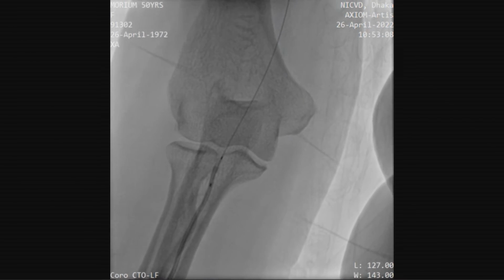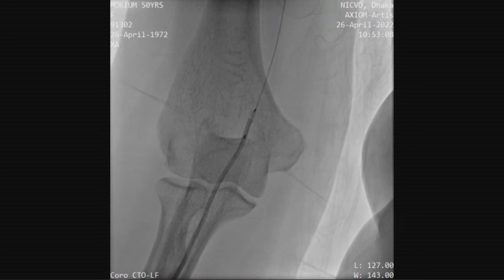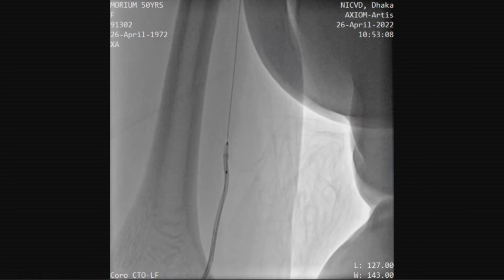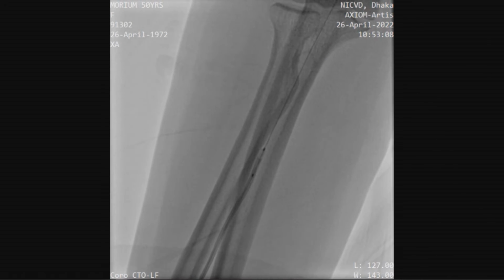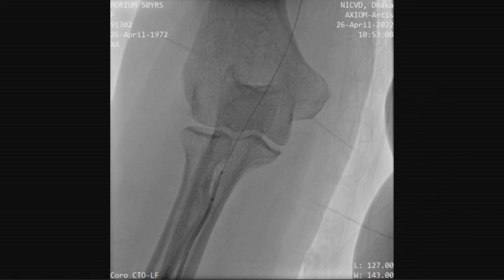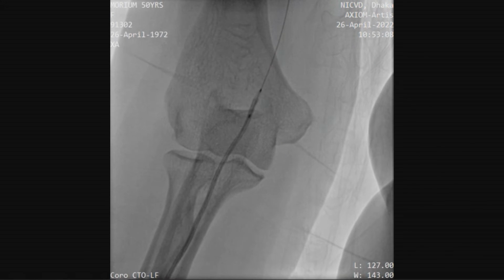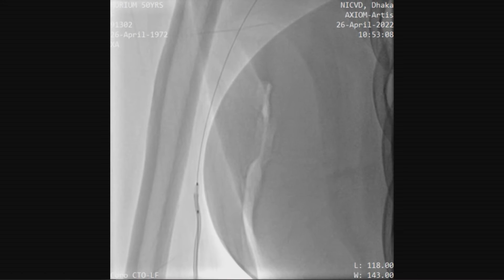We took a PTCA guide wire and a balloon, and by the balloon-assisted technique we were able to advance and cross the spasm of the brachial artery.